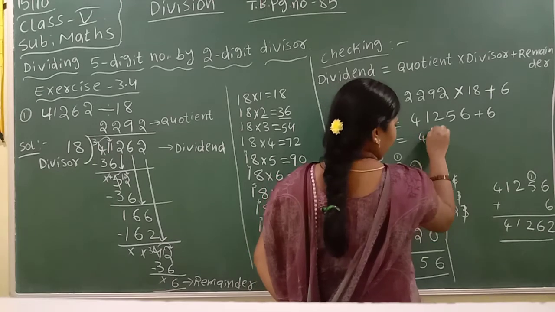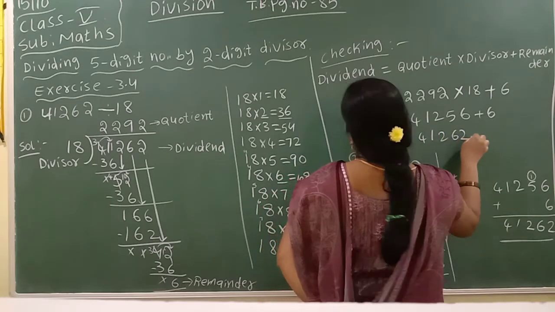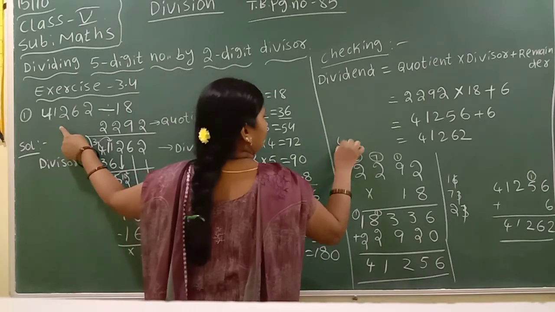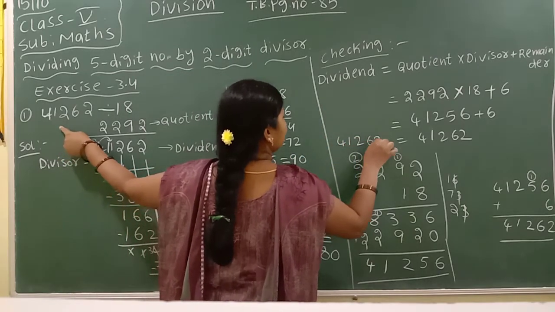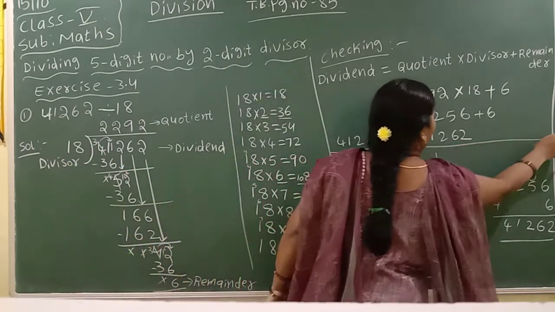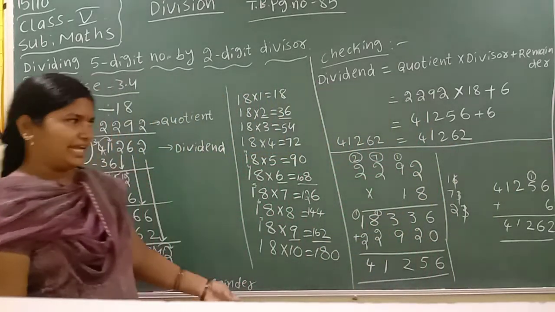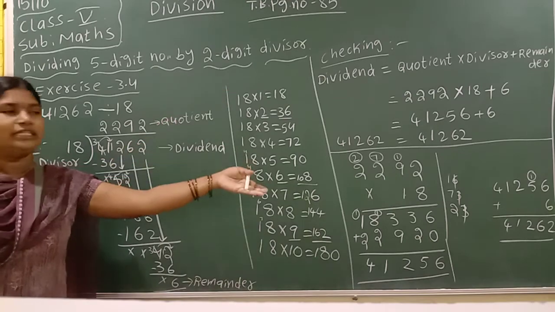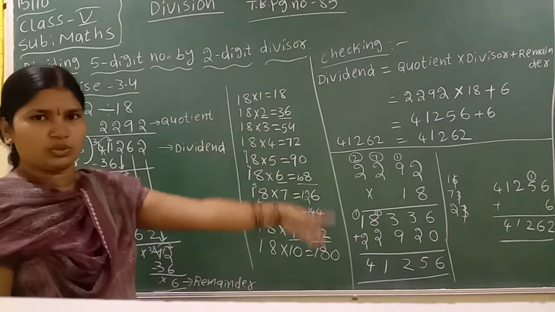We got 41,262. What is the dividend here? 41,262. We got the same answer. Like this, you have to do the division and also the checking verification.